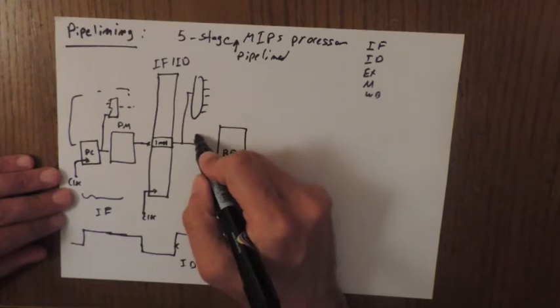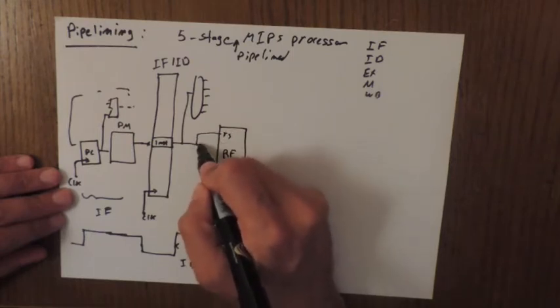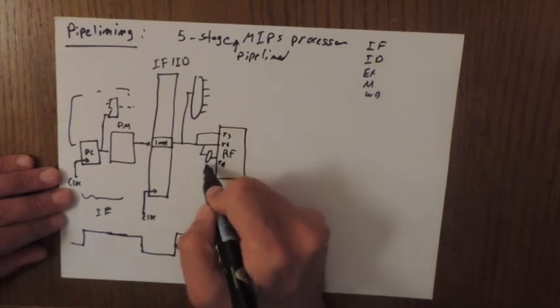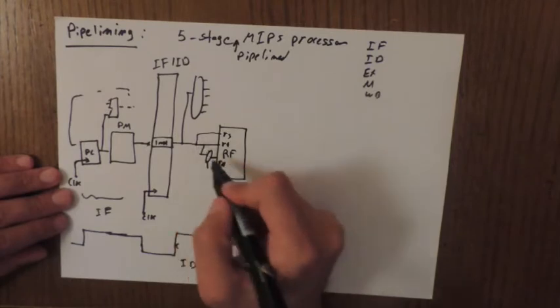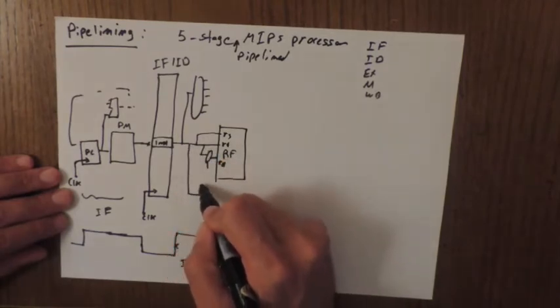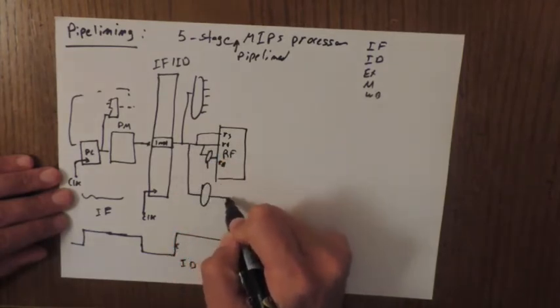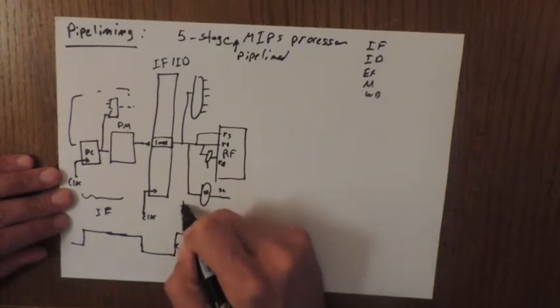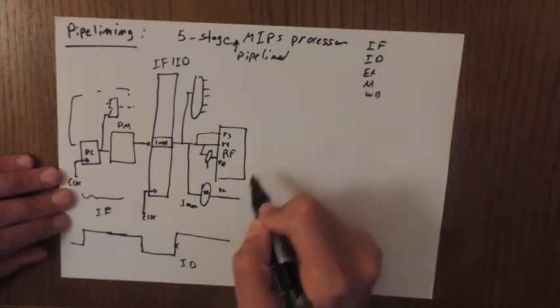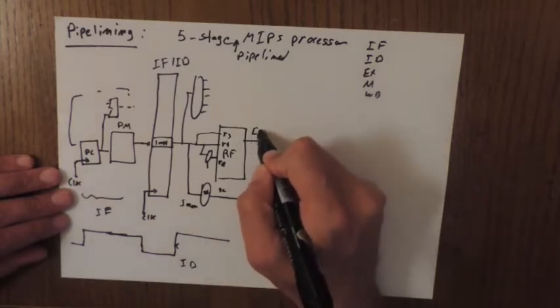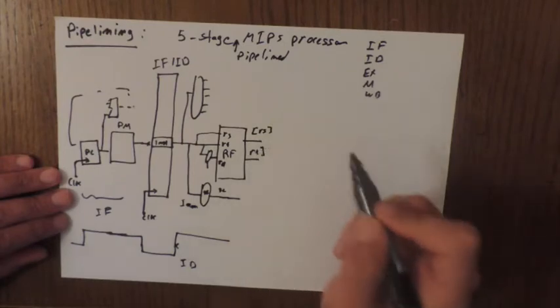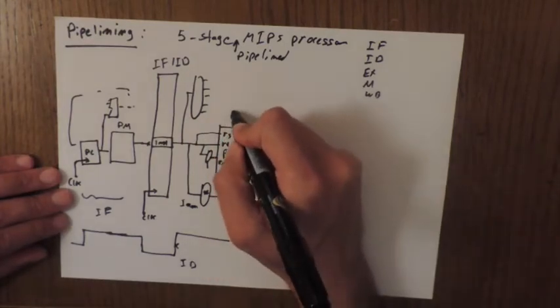So we have here RS, RT, of course a multiplexer here, RD, and of course we get the immediate. This is sign extended, 32-bit. This is the immediate, and we get the value of RS and the value of RT. Now we have also here register write.